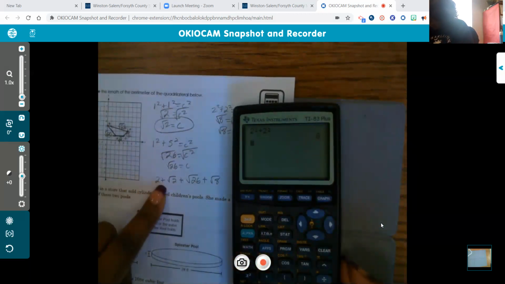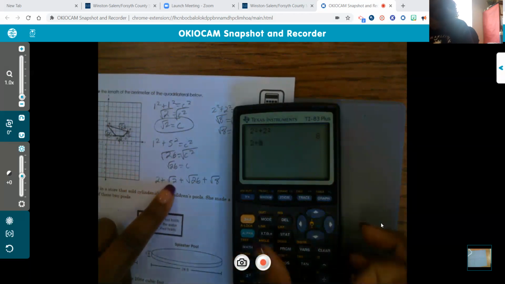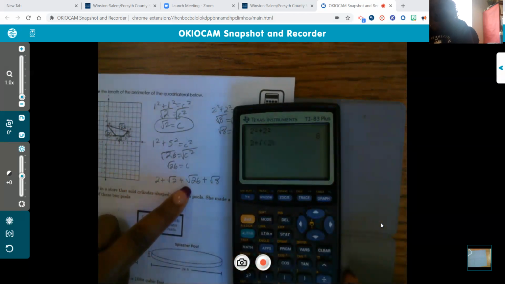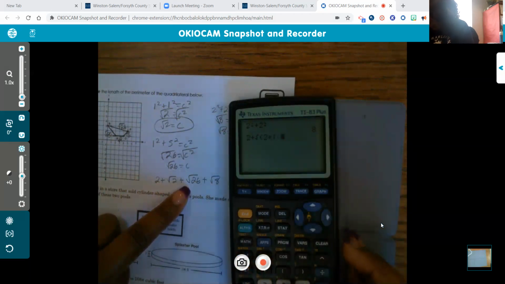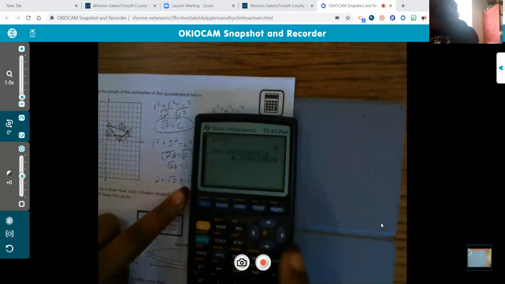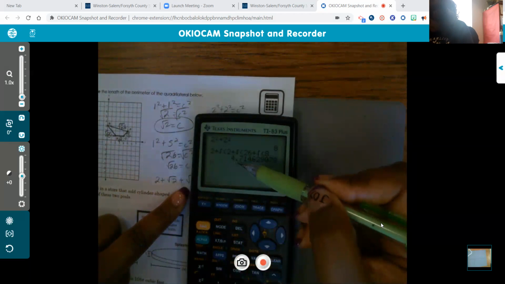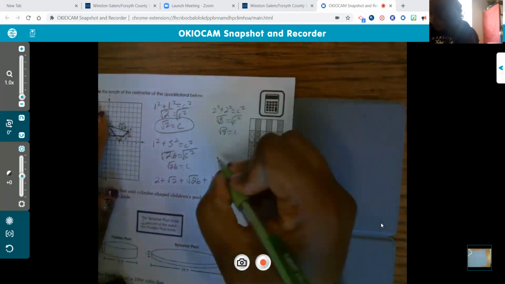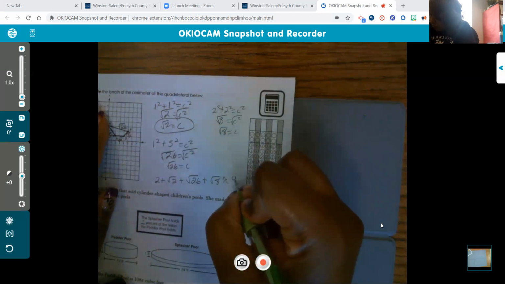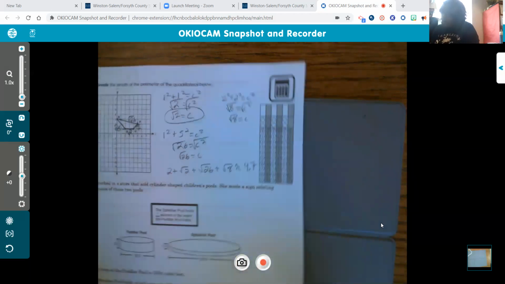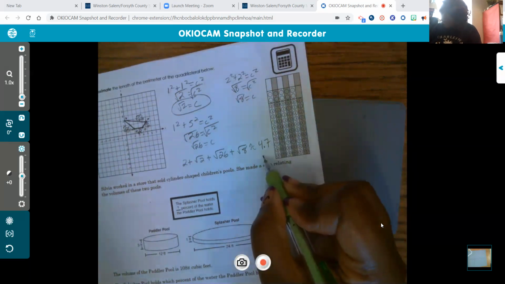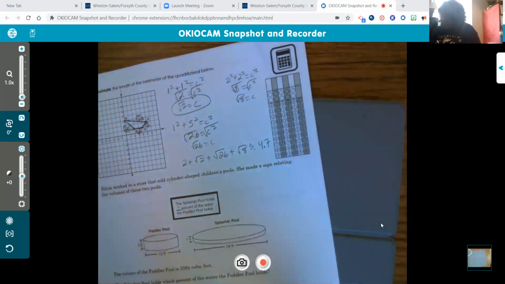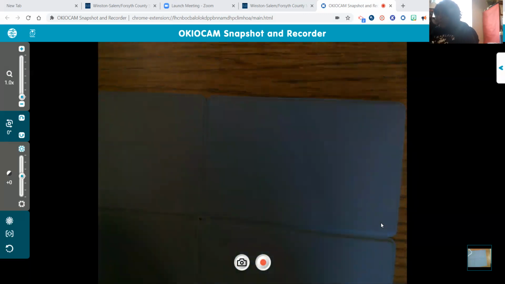Okay, look at this. This is going to be 4.7. So this is about 4.7. Okay, and if it rounded to the nearest whole number, it would be 5. All right, but it doesn't specify.